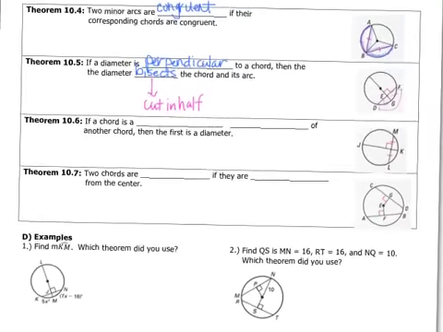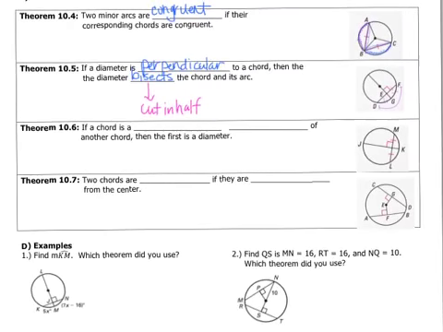This next one is really just the converse of the last one. So if a chord is a perpendicular bisector of another, then the first one is a diameter.